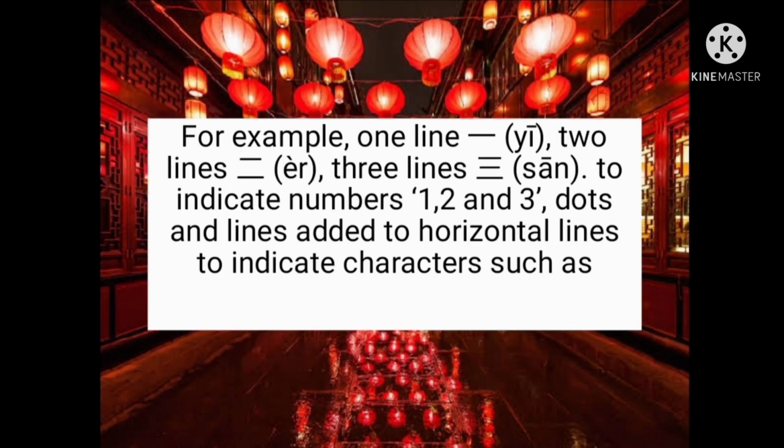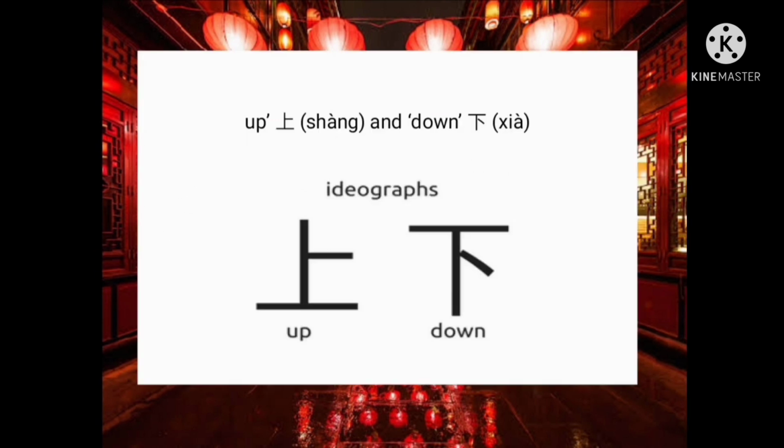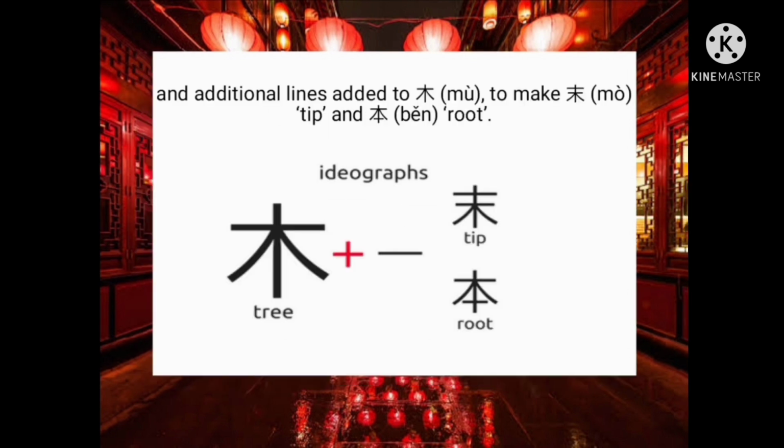For example, one line Yi, two lines Er, three lines San, to indicate the numbers 1, 2, and 3. Dots and lines were added to horizontal lines to indicate characters such as up, Shang, and down, Xia. Additional lines were added to Mu to make Mo, tip, and Ben, or root.